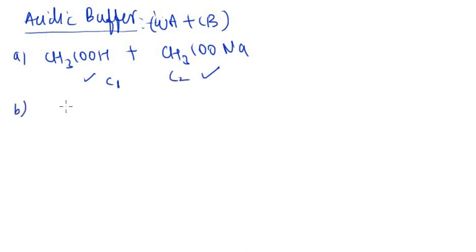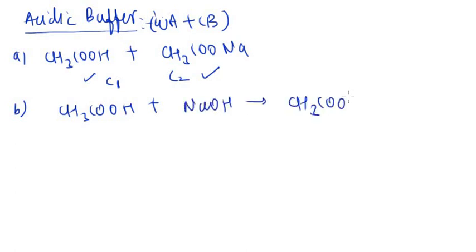When we have the solution, it is CH3COOH plus NaOH, both forming CH3COONa plus H2O. Here we have, let's say, molarity M1 and volume V1. Here molarity M2, volume V2. Now when both have reacted, NaOH must be the limiting reagent.